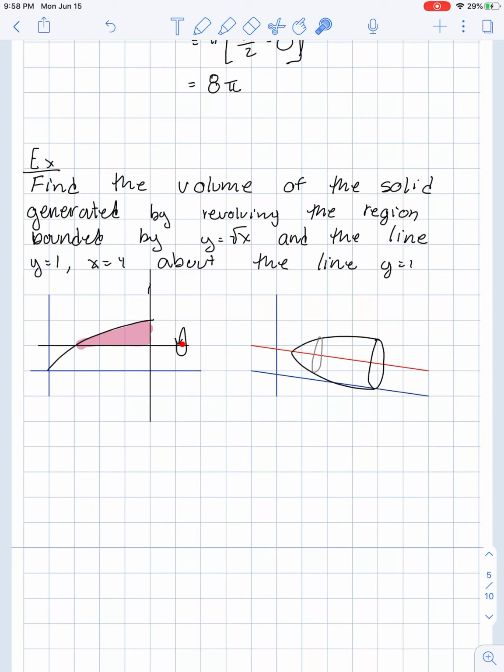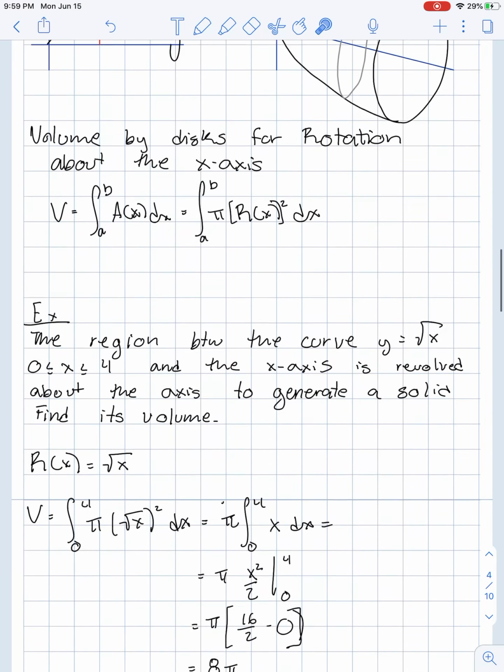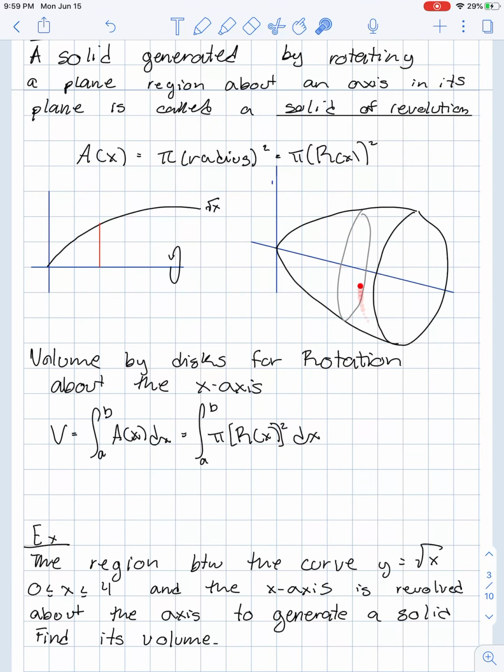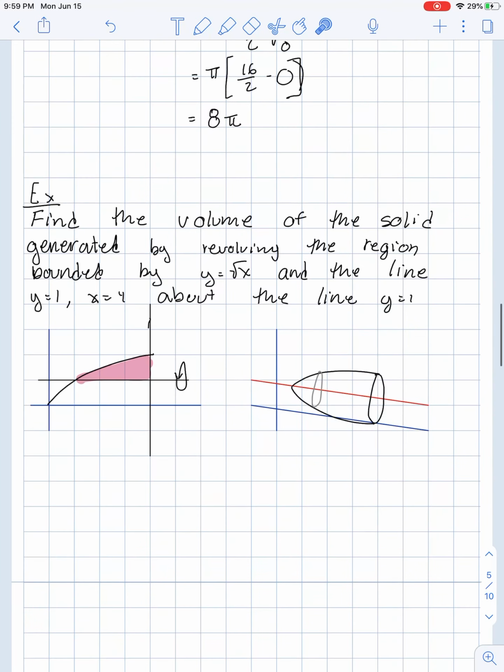Now I kind of move that up, and now I have this one line and x equals 4, but now I'm rotating around this line. So I rotate around the axis and I get this big one, and now I have a smaller one, but I'm still using the same curve, y equals the square root of x, but I'm revolving around a smaller radius.